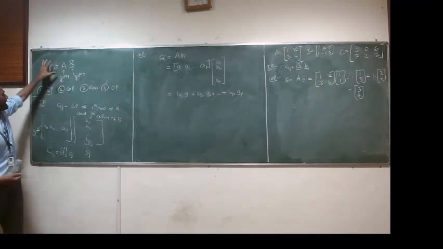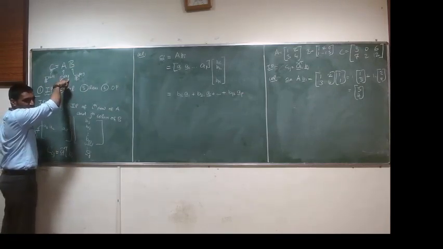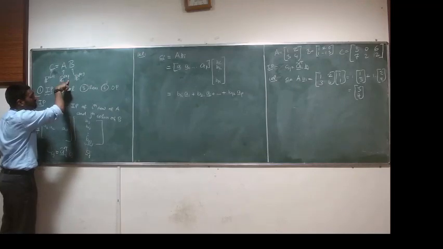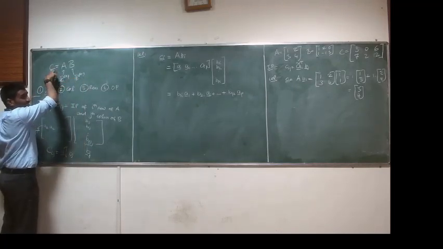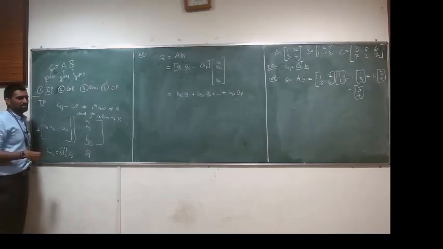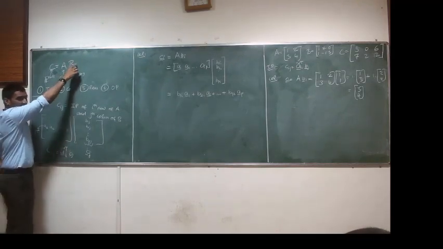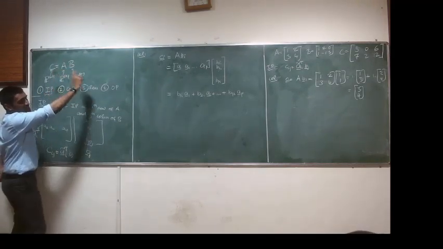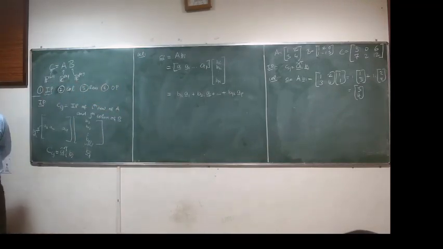Let's say this has got a million rows and a trillion columns and a billion rows. But you're interested in the 100th column of C. Would you have to do the full matrix multiplication to get the 100th column of C? What would you do? You still need A. You take the 100th column of B and you simply do this to get the 100th column. Is that clear?